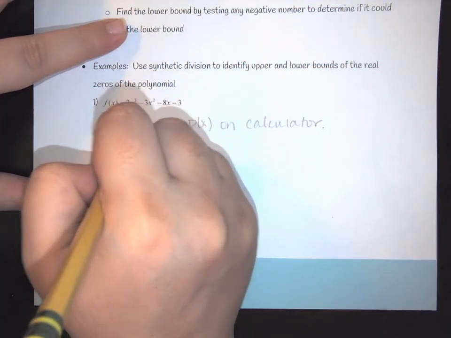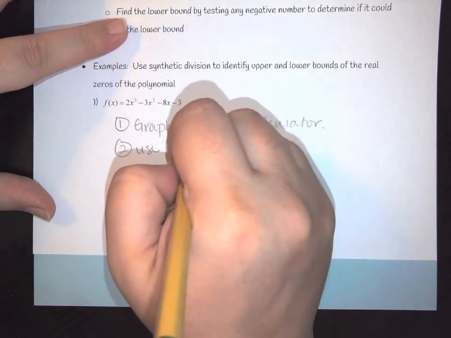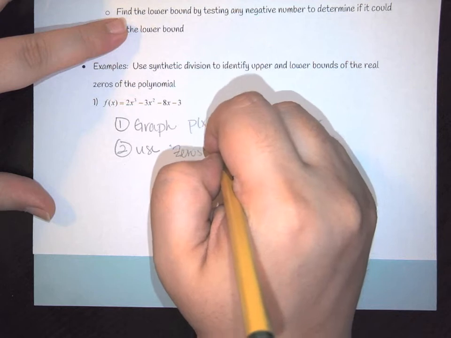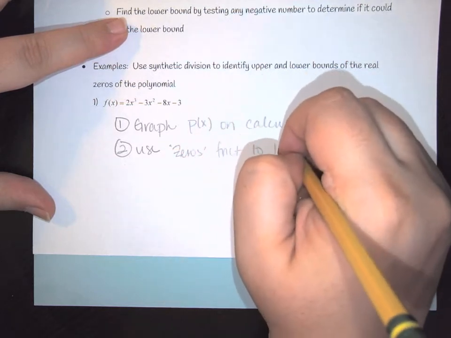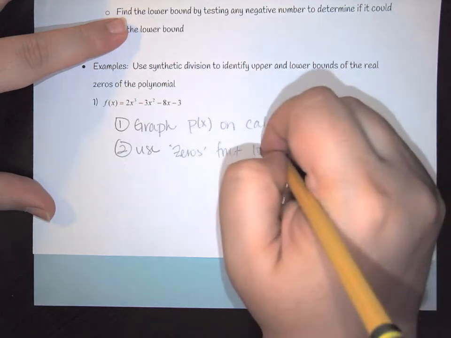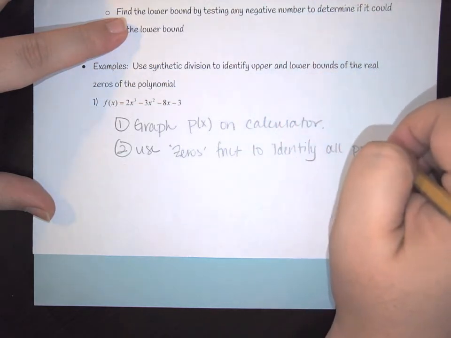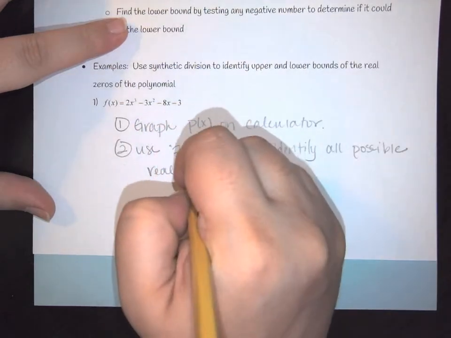The second thing you want to do is you want to use your zeros function to identify all possible real zeros.